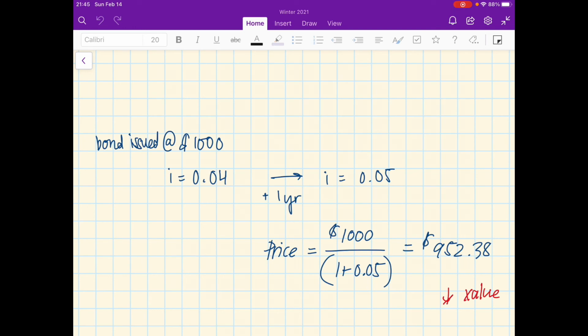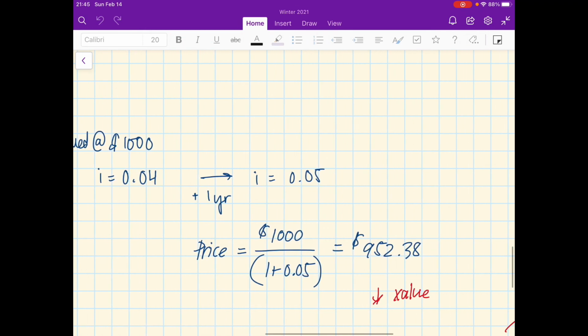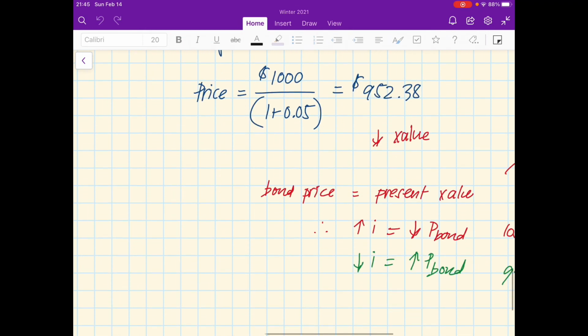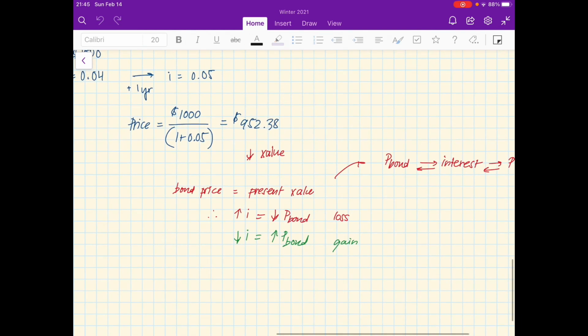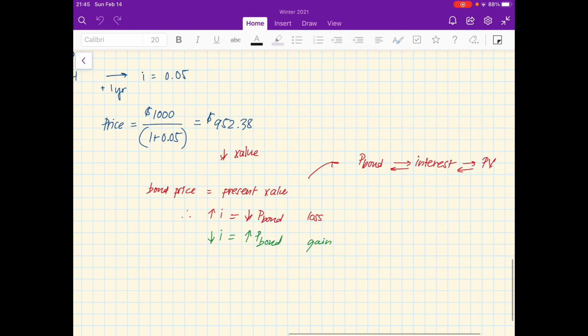So what causes this decrease in value, you might ask? When we look at this, we can find that the bond price is equivalent in a lot of ways to the present value. This is due to the intrinsic relationship between the price of the bond and interest, but conversely also the effect of interest on present value.